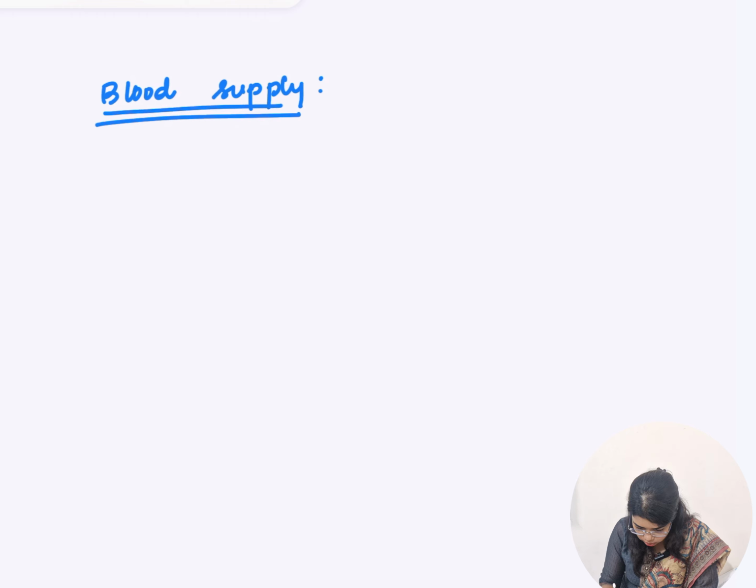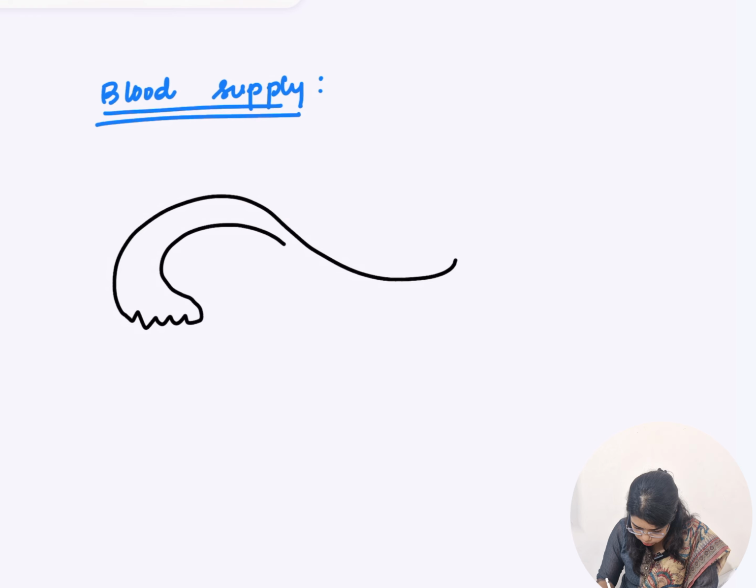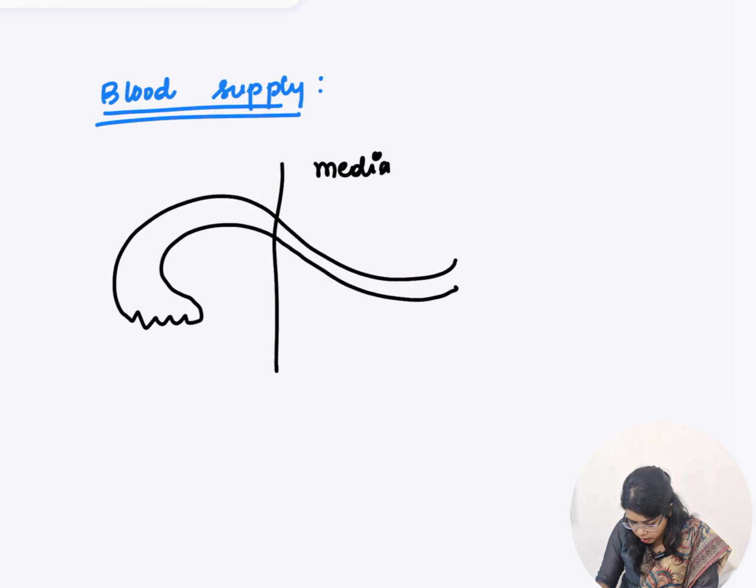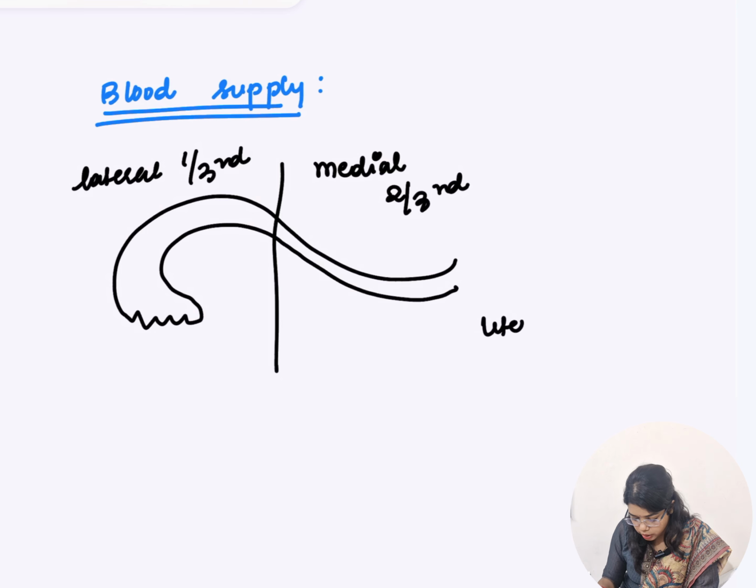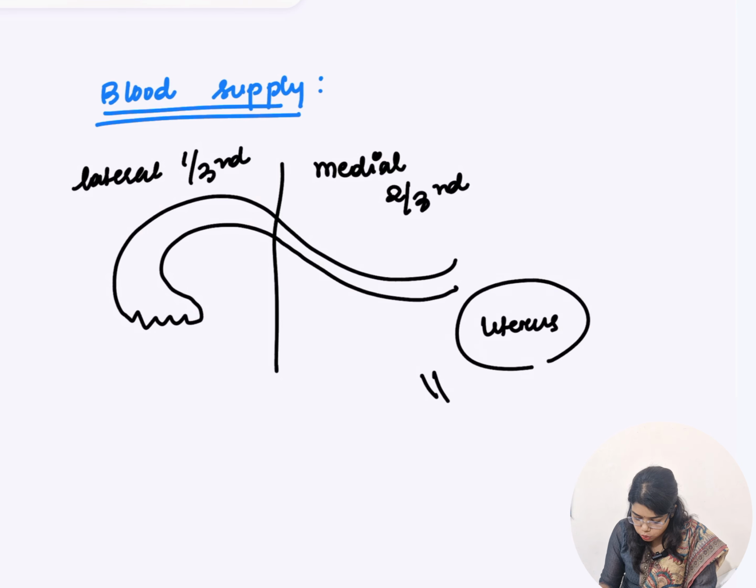How? Just see, I am drawing it again for you. This is the fallopian tube. This one is the medial 2/3, and this is the lateral 1/3. For the medial 2/3, the uterus is present here, so the uterine artery supplies the blood to the fallopian tube.